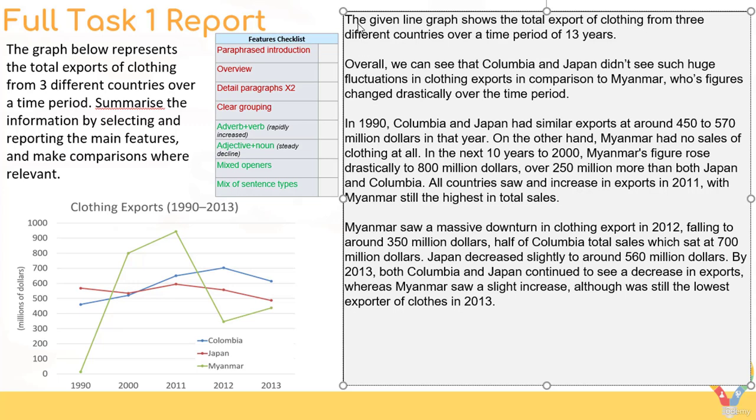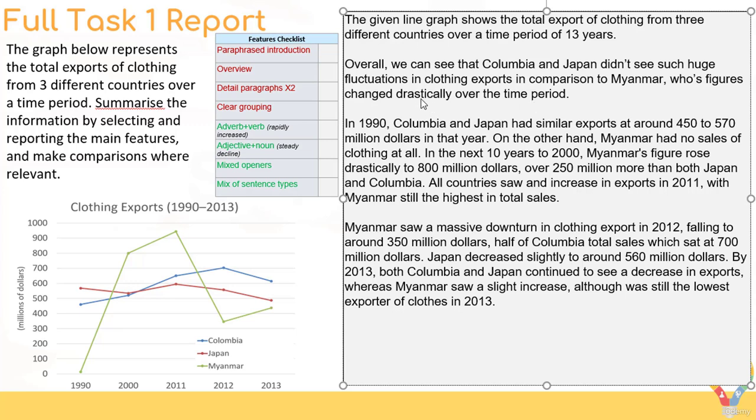So let's read through. The given line graph shows the total export of clothing from 3 different countries over a time period of 13 years. Overall, we can see that Colombia and Japan didn't see such huge fluctuations in clothing exports in comparison to Myanmar, whose figures changed drastically over the time period.